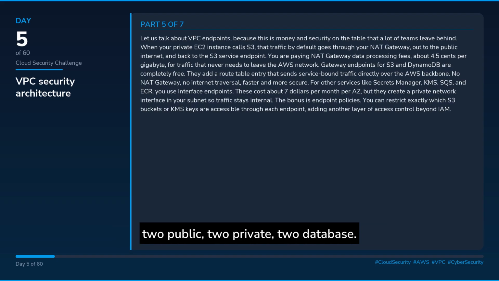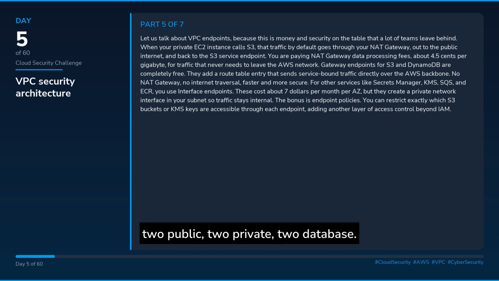Let us talk about VPC endpoints, because this is money and security on the table that a lot of teams leave behind. When your private EC2 instance calls S3, that traffic by default goes through your NAT gateway, out to the public internet, and back to the S3 service endpoint.